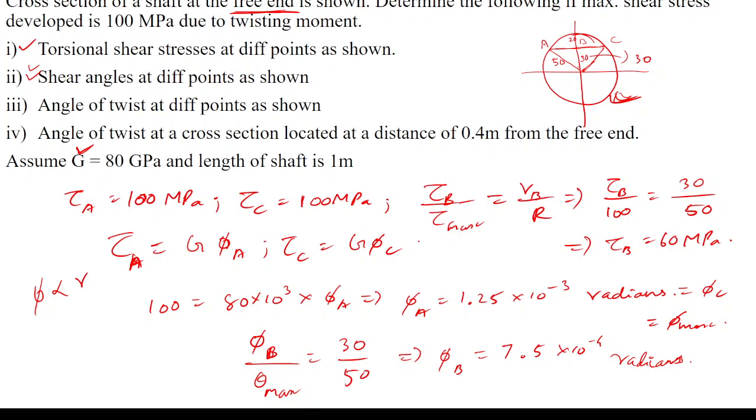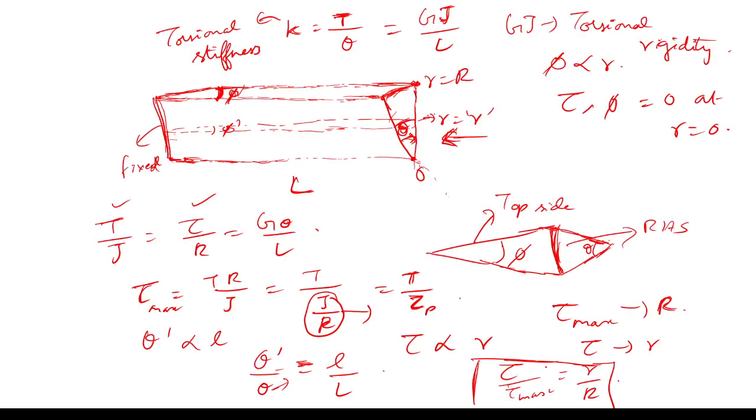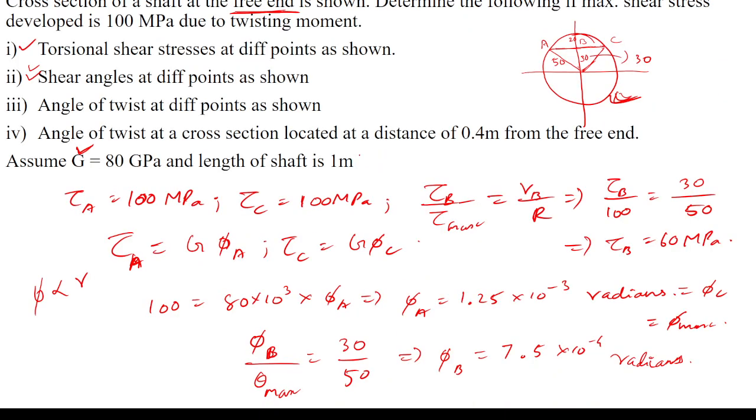See, actually, what we have discussed in our previous theory part, theta varies with the length. And for a given cross section, theta value is same. So coming to this, it is for a given cross section, so theta value should be same, right? Yes, sir.